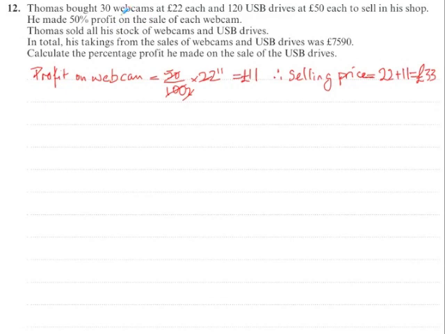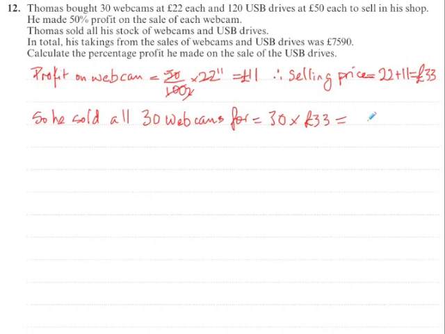So he sold all 30 webcams times 33, and if we multiply that, that is £990.